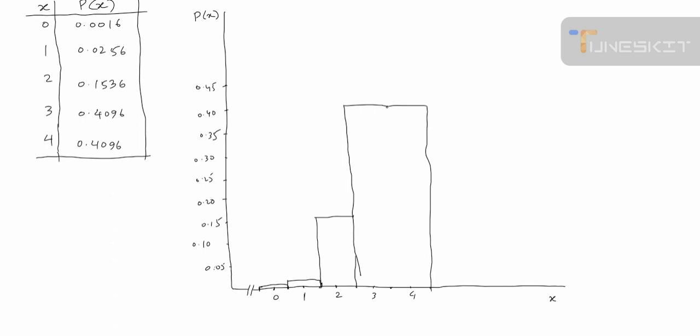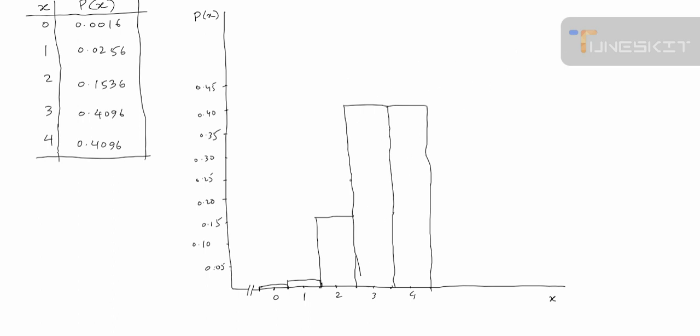And this is the line of division between the two consecutive values of x equals 3 and x equals 4. So this is how we can draw the probability histogram for a given data.